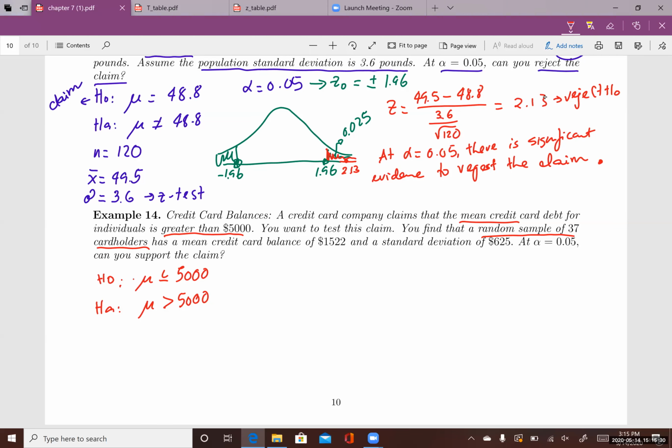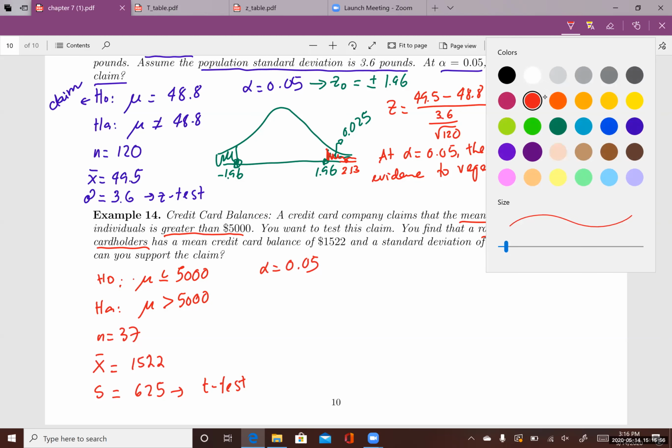So n equals 37, and the mean card balance x bar is 1522. The standard deviation s equals 625. Alpha equals 0.05. Since sigma is unknown, that means you have to use a t-test.